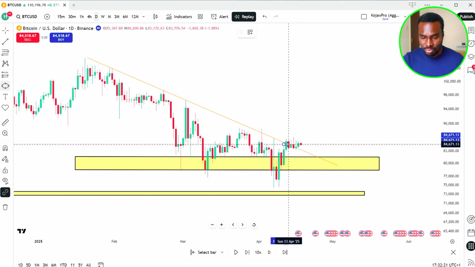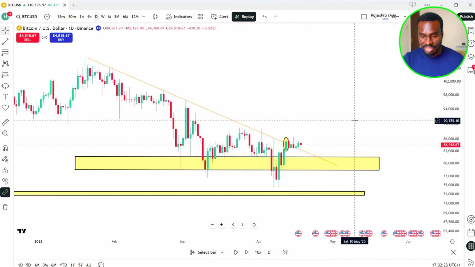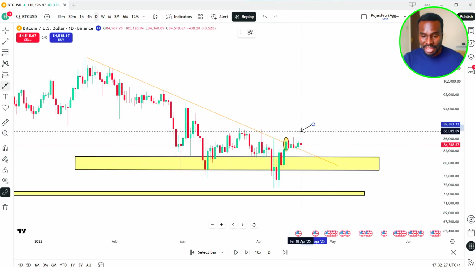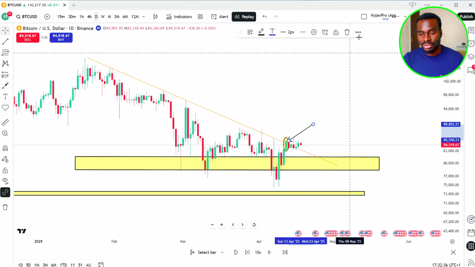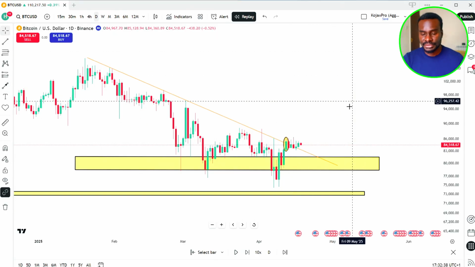I want the market to break out convincingly. This is okay for a break, but for the mere fact that I am seeing wicks, that the break didn't go through entirely the body of the candle, I'm not interested in it. I love to see full breaks. So I'm going to wait until this full break happens.